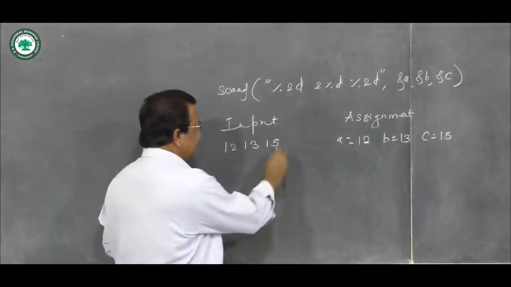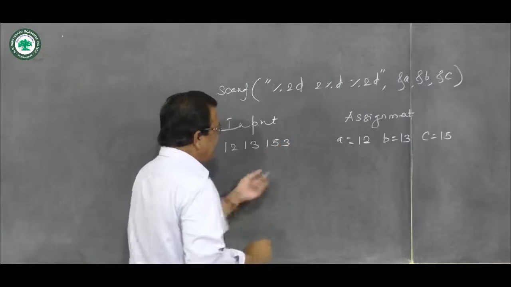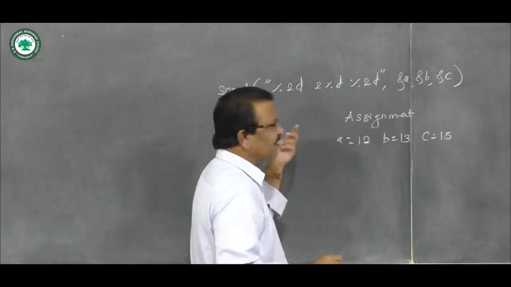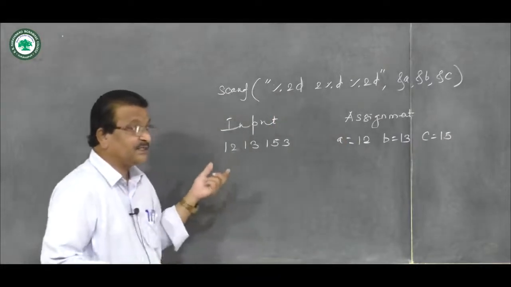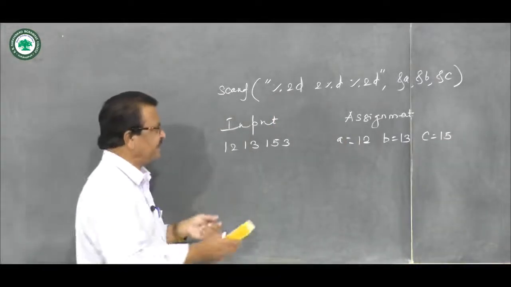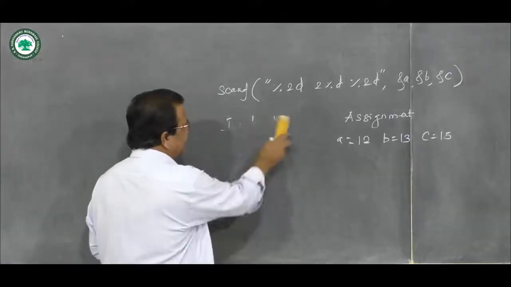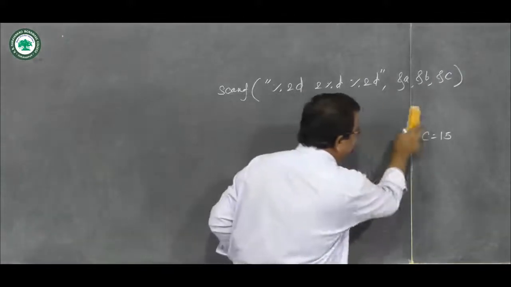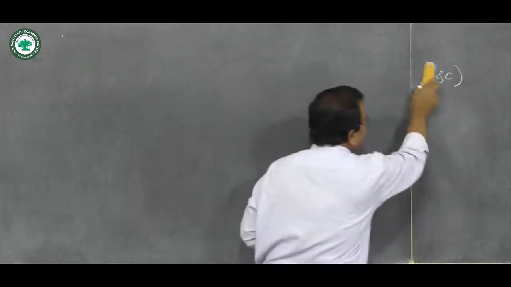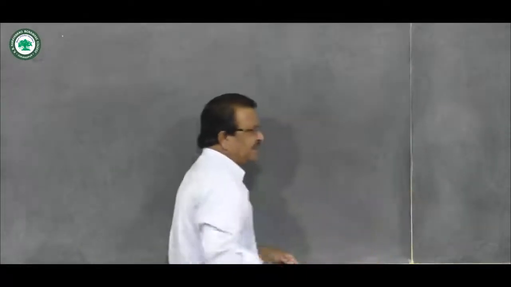If I write this as 153, then the 3 will be ignored, because the width of the field exceeds the maximum width specified. It can be less than that, but it should not exceed the width specified.